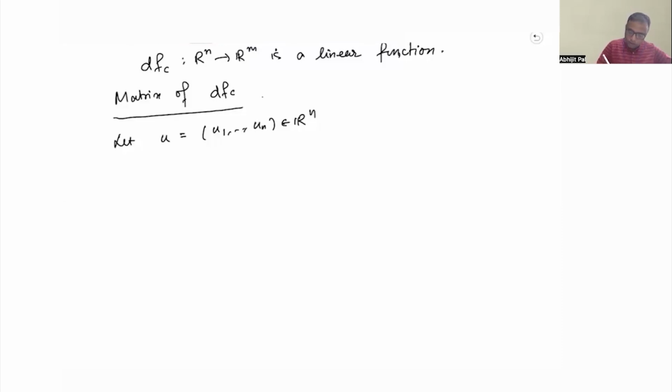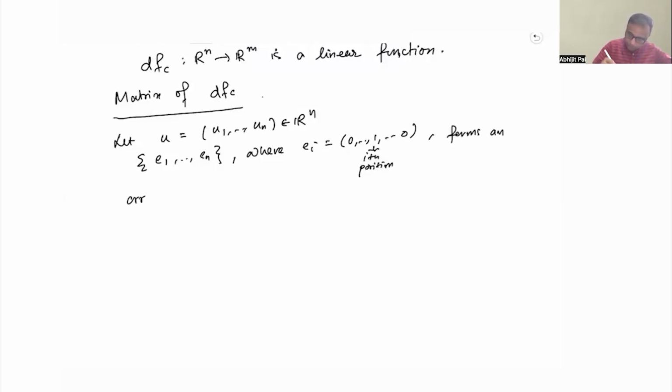Now if I take these vectors, where this ei is the ith coordinate vector, this forms an orthonormal basis of Rn.